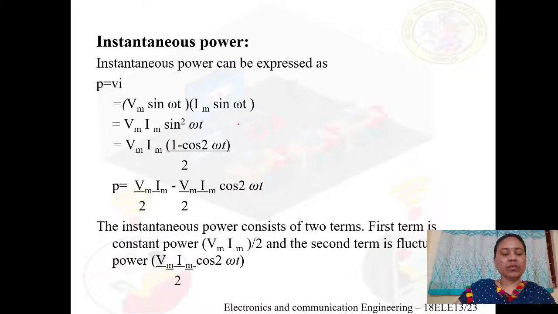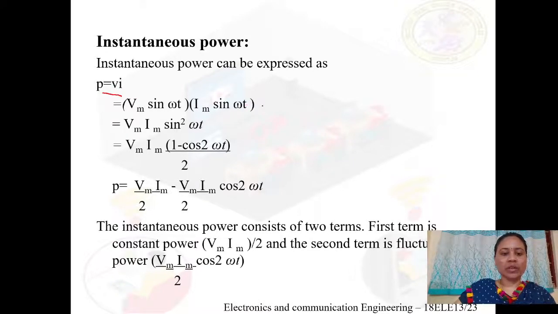Now let us see the power variation, or how we can express the power, for the circuit having the pure resistive component. We can express the instantaneous power as the product of instantaneous voltage and instantaneous current. Now let us substitute V and I in this expression.